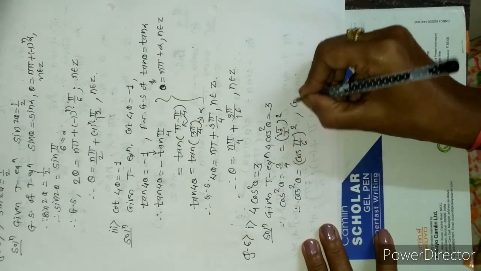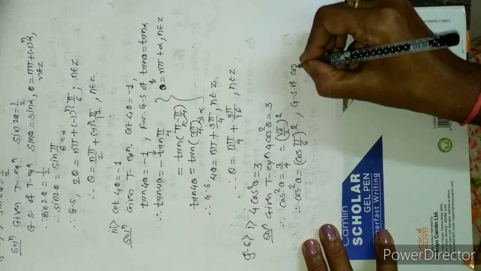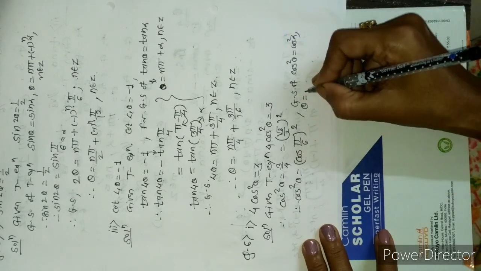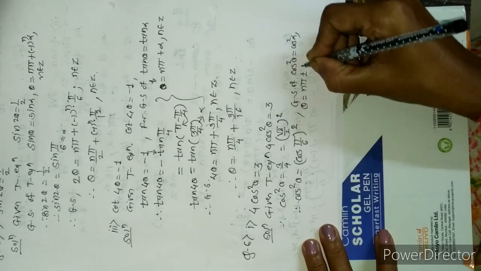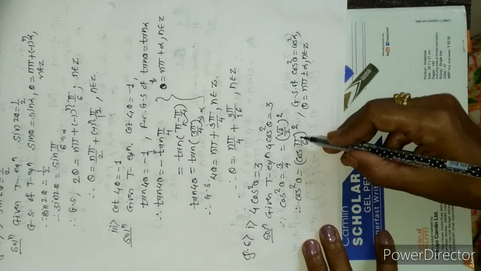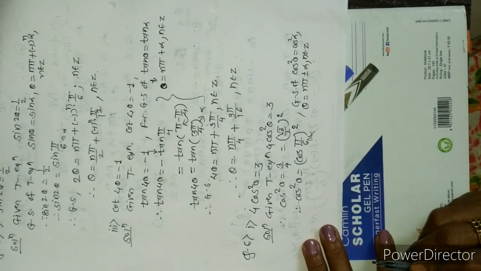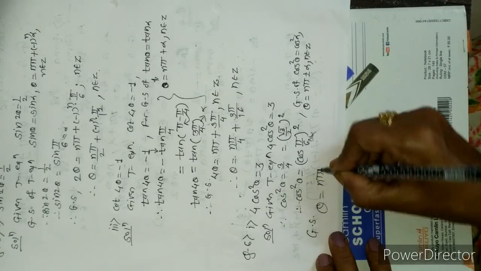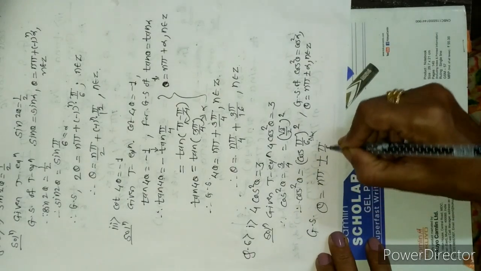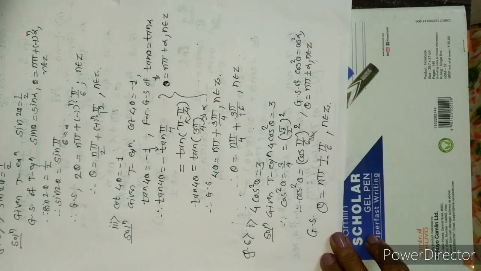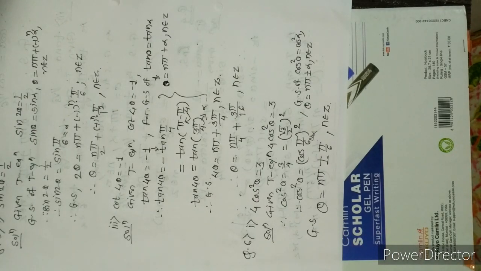By the general solution of cos square theta equal to cos square alpha, as we know, the general solution is n pi plus minus alpha for n belongs to Z. So for this equation, theta remains as it is, only alpha changes to pi by 6, and therefore the general solution is theta is equal to n pi plus minus pi by 6, where n belongs to Z. Because we find the value of the cosine ratio as root 3 by 2, and that can be compared with cos 30 degrees.